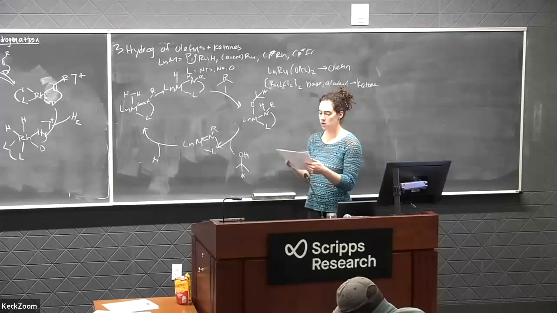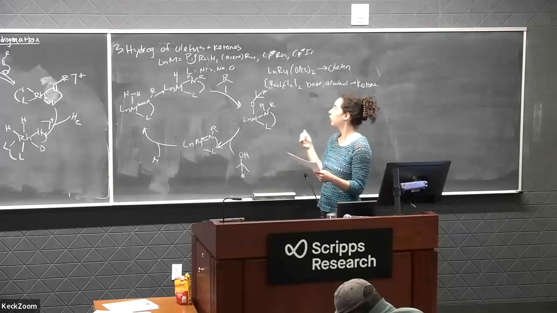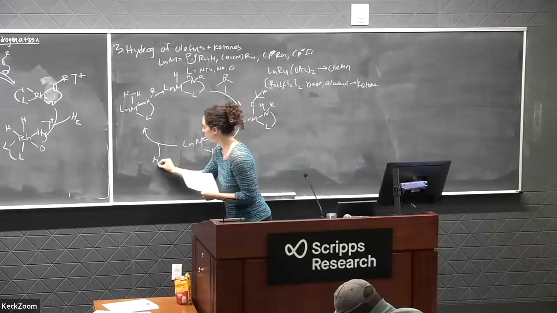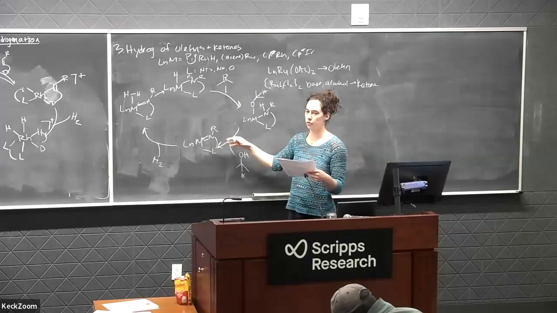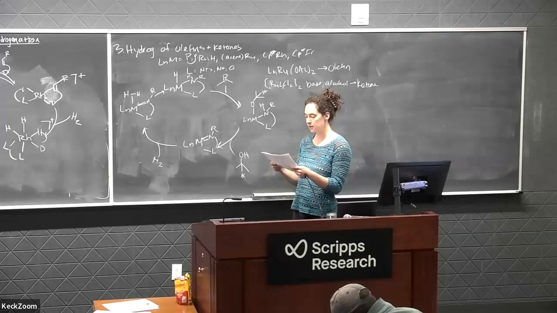So yeah, there's a lot of different mechanisms that can occur here, but this is just a generic one showing that these bifunctional ligands are not only acting as ligands, but they're acting as hydrogen atom sources.